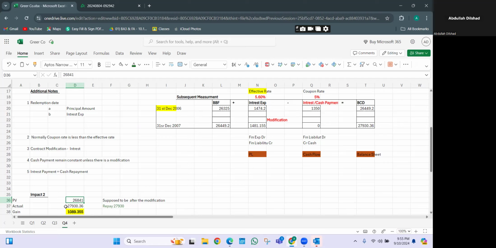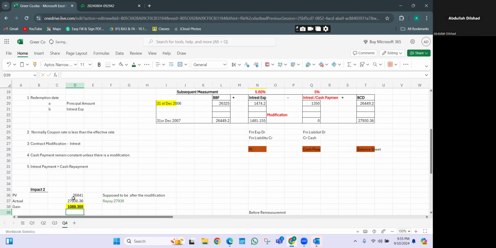So we get a gain. We were supposed to pay 27,930, but we will only be paying 26,841. The difference between these two is known as a gain.